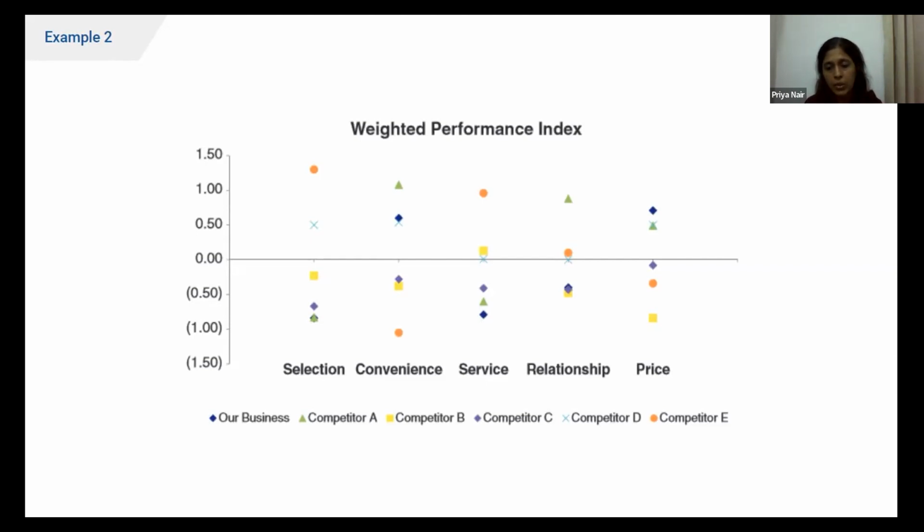So let us look at how this gets transformed. The context is that you have to present to the management the performance metrics for your business on these 5 categories, and then recommend where they have to focus their attention for better performance.